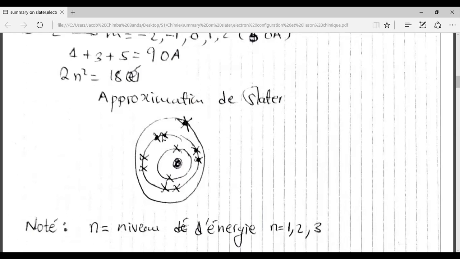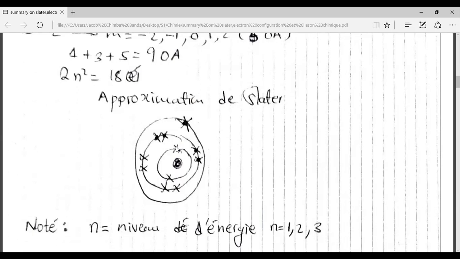But a nucleus has protons and neutrons. And we learned that neutrons have a neutral charge, and protons have a what?